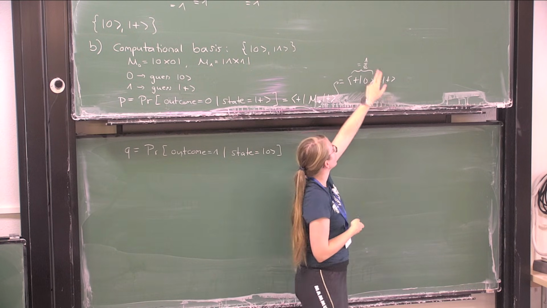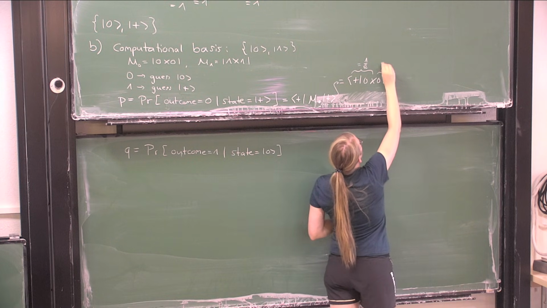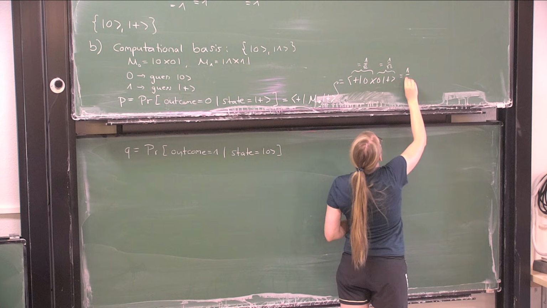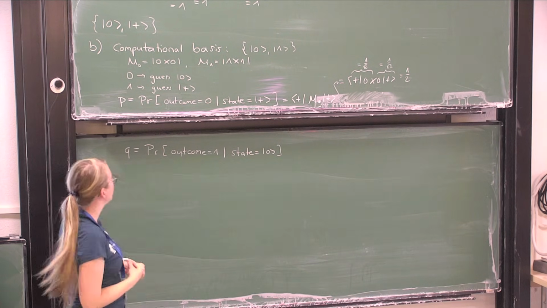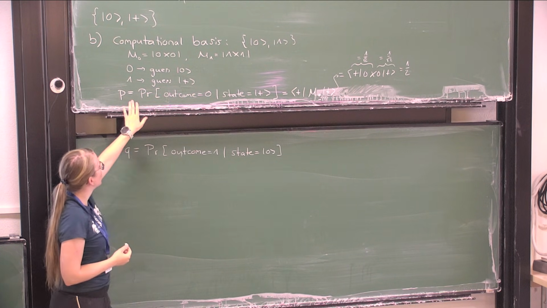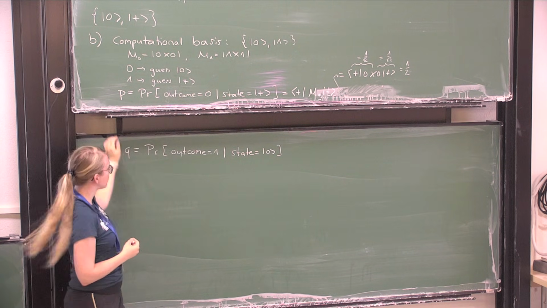And then you calculate that, and this is your value of the scalar product, and the same for this one. So you get 1/2 here. So the probability of wrongly claiming that the state was 0 is 1/2.